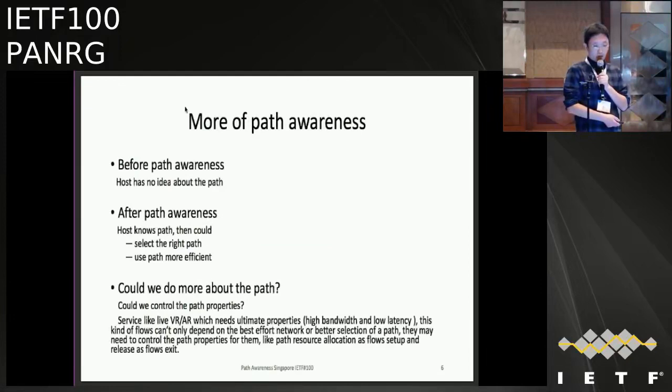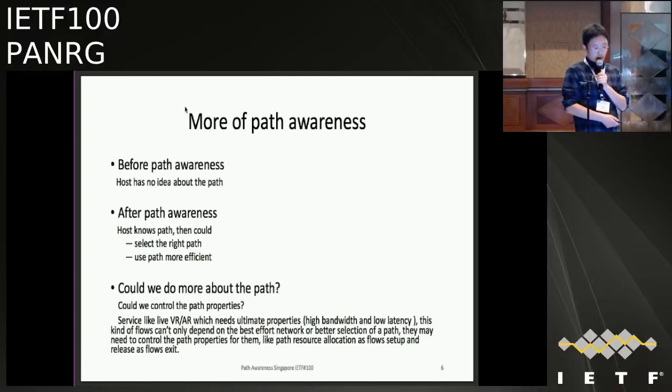And more on path awareness. Before path awareness, the host has no idea about the path. After path awareness, the host may know the path, then could select the right path and use the path more efficiently than before. So could we do more about the path? Could we control the path properties?